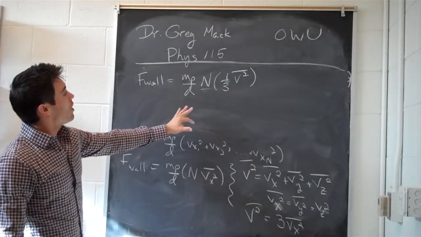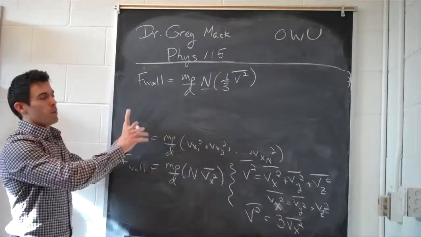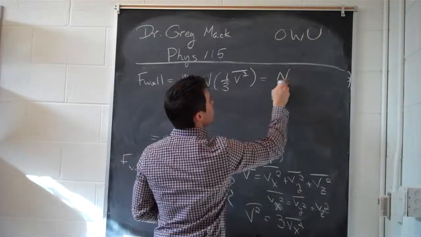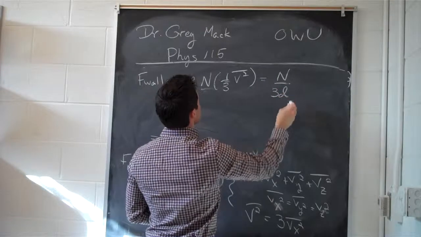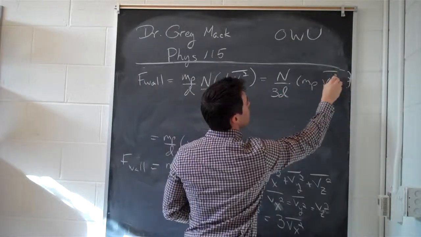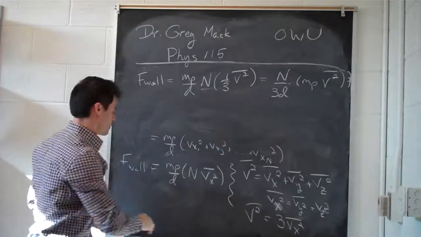So, I'm going to rewrite this a little bit, so I can put the m and the v next to each other again. So we have N over 3d times mp v bar squared.